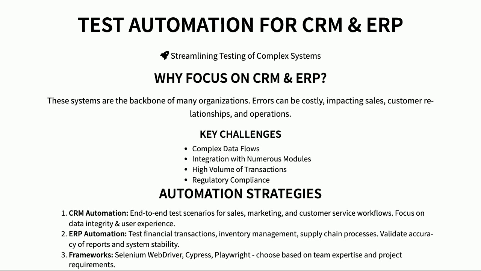It's really important to focus on end-to-end testing, simulating real user scenarios, especially when it comes to things like sales processes or inventory management. When choosing tools, Selenium, Cypress, and Playwright are popular choices. Picking the right one depends on your team's skills and what you need to test. And don't forget about API testing. These systems often rely heavily on integrations, so validating those connections is key.